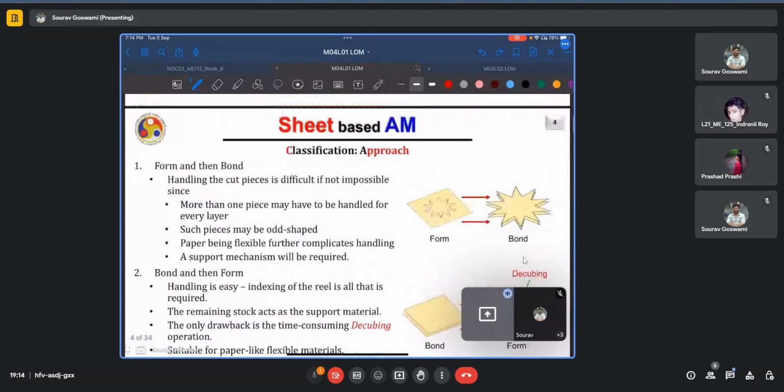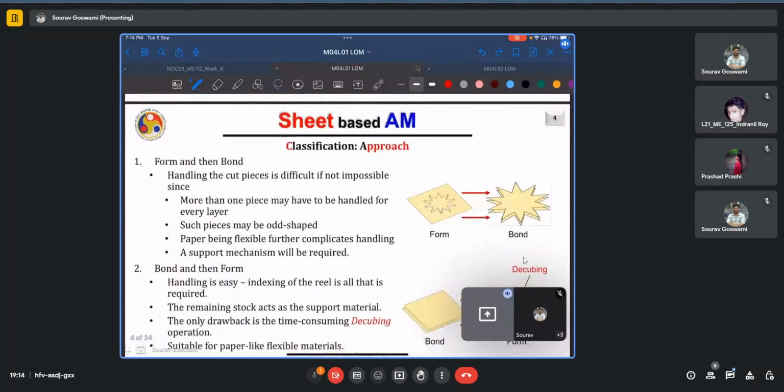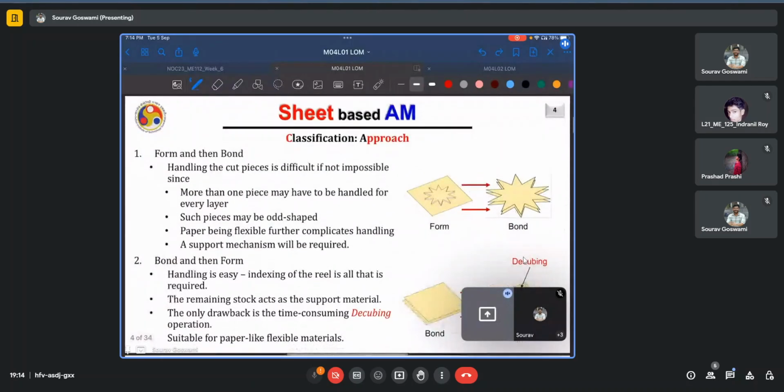Since in sheet-based AM our raw feedstock is in the form of sheets, and you have a stack of them, many on top of each other, there are two ways we can process them. By slicing the STL file, we are already aware of the contour needed in each slice.